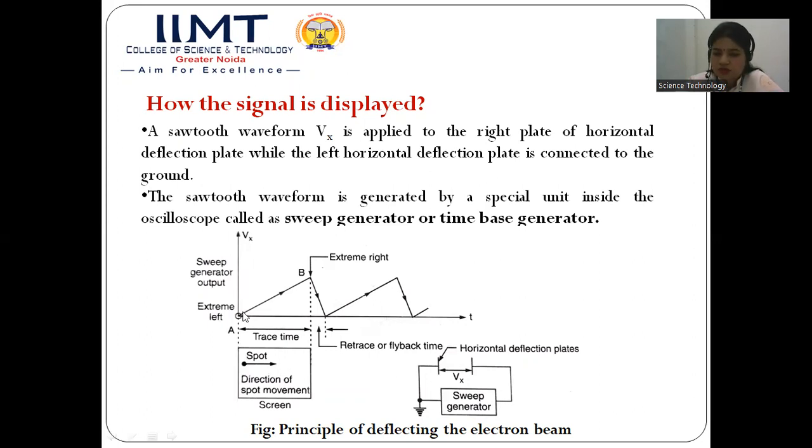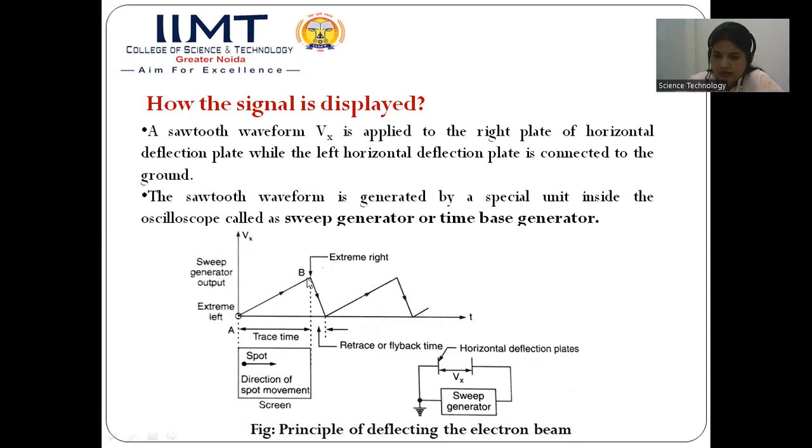As the sawtooth wave increases linearly with time, we can see in this portion from A to B that the sawtooth wave is increasing linearly with time. So this dot will also move from left to right with uniform speed. As the voltage has increased from A to B, the spot will move from the extreme left side of the CRO screen to the right side of the screen.